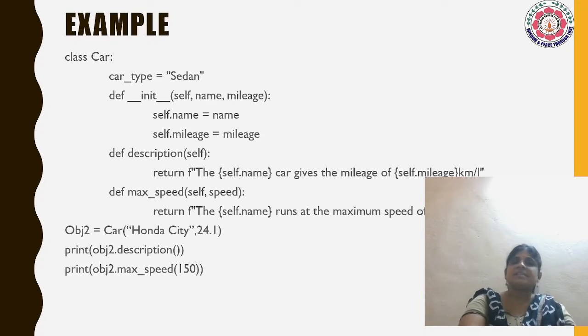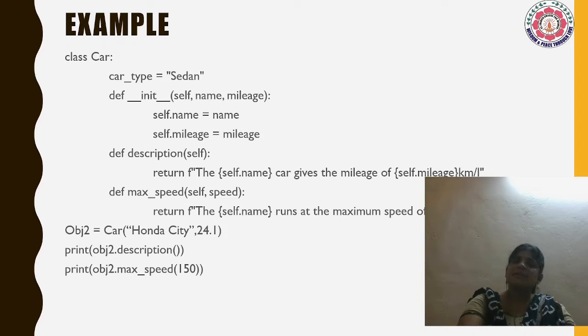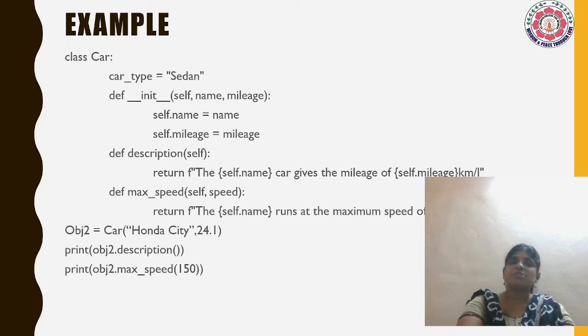If you can see in this example, I created a class called car, and I have a variable, I have given it a value also. And then using these functions which we have just explained, I am having these variables name and mileage. Using the self method, I give them some values, and using the description method, I use a print statement and try to return whatever values I am getting using the object.